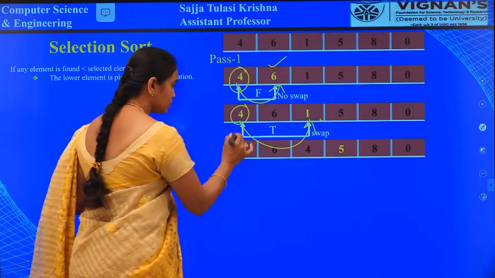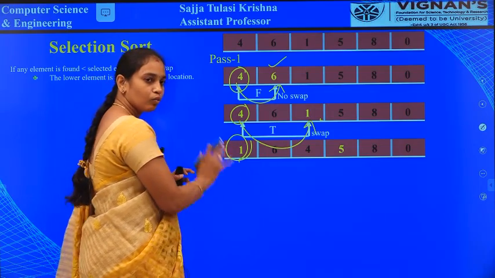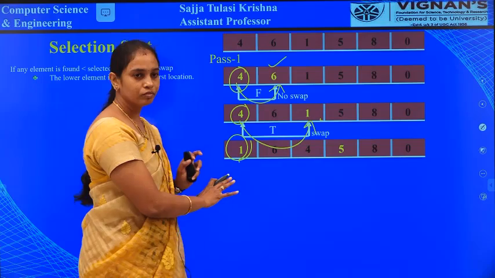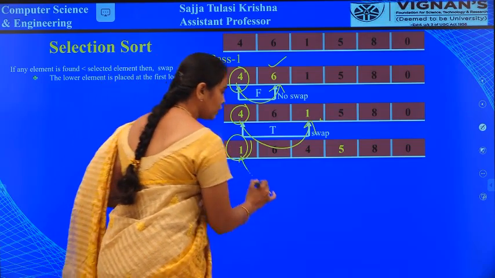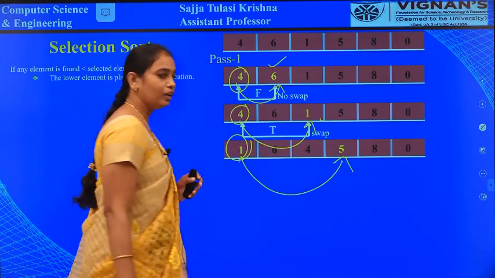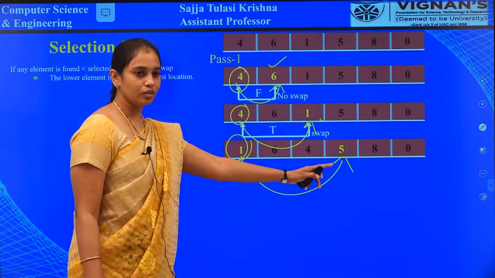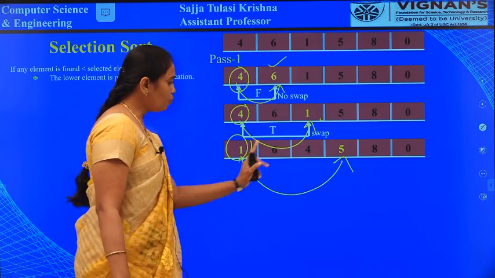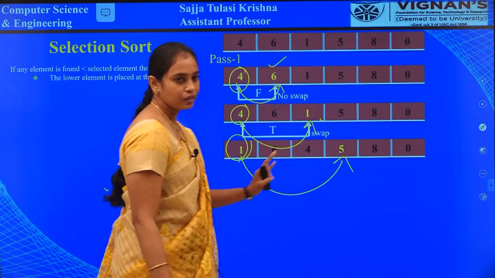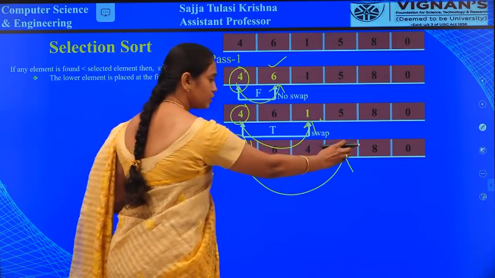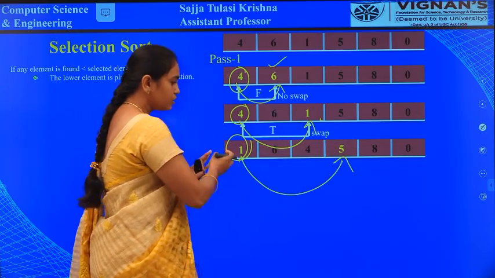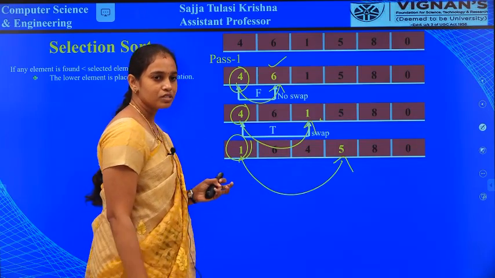Now again, this is the selected one, the first one, whatever the element may be. The selected position is compared with the next position. Now 1 is less than 5, so this is the highest element. Do we need to swap these two elements?